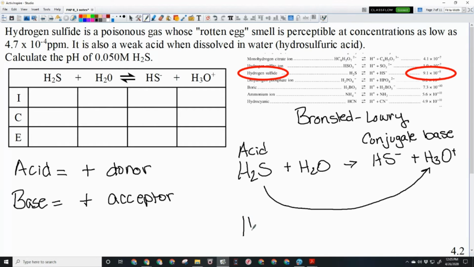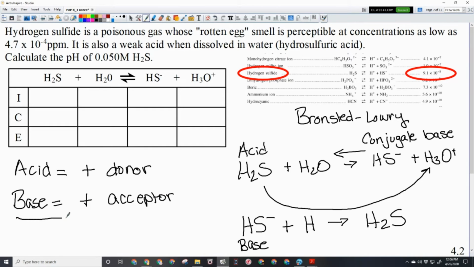So if we start off with HS minus, if this accepts a hydrogen to become this, then here is our base. This is now written in this direction. We're just taking this equation and going in this direction. This is now considered your base, and it accepts a hydrogen to become this.